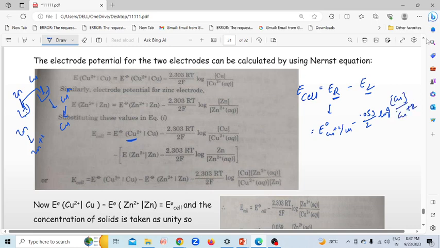This is the Nernst equation of the right hand cell, then minus the Nernst equation of the left hand cell. So we can write E0 of what?